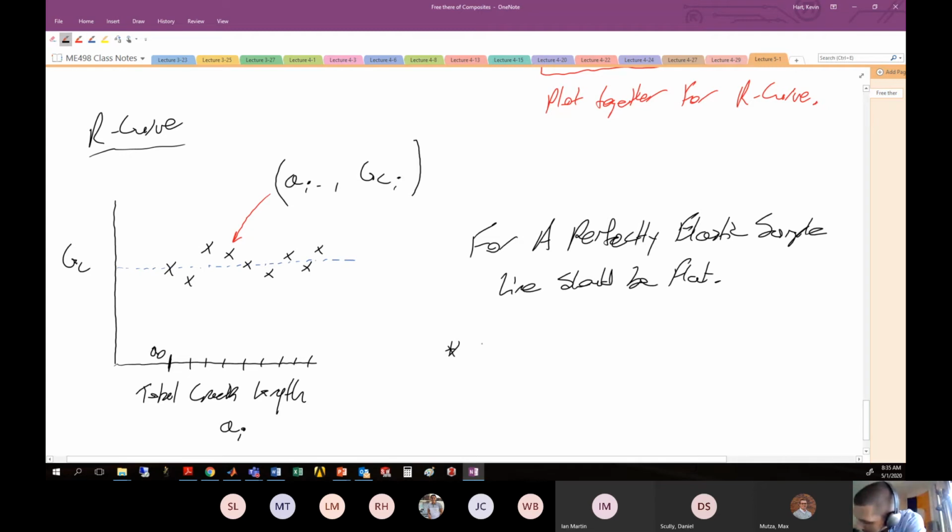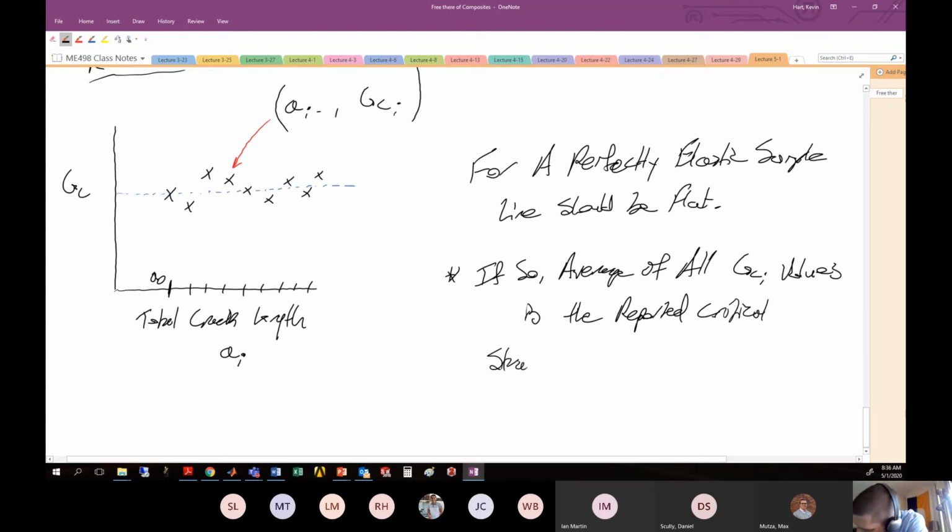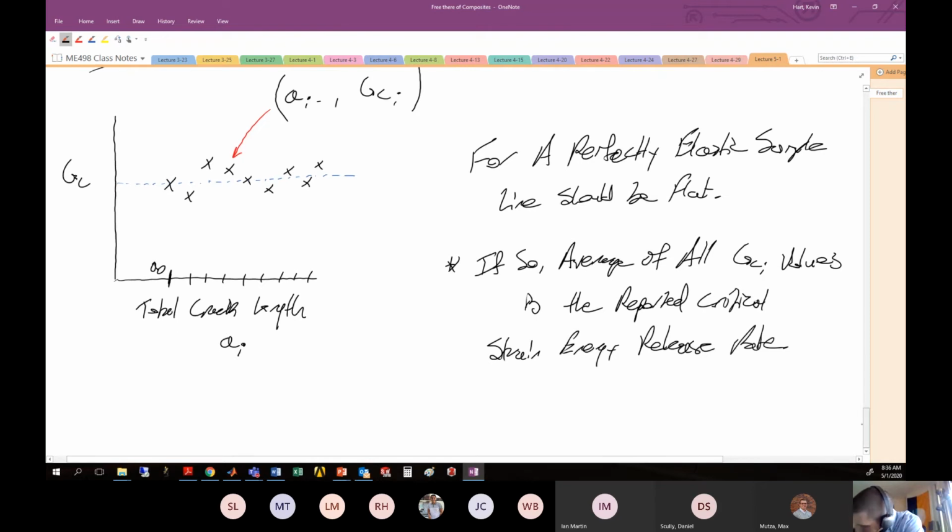If so, then the average of all G_Ci values is the reported critical strain energy release rate. So G_C for the sample is the average of G_Ci.